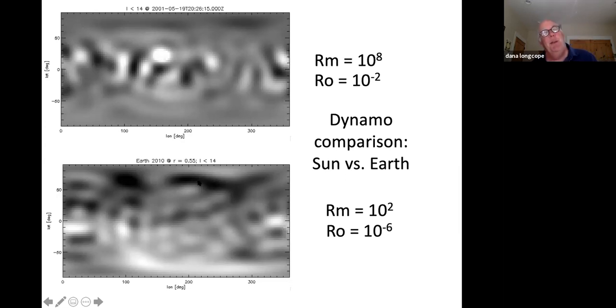Basically, the Earth's magnetic field is actually more difficult to measure, so we had to use spherical harmonics up to level 14, L equals 14. In order to make a fair comparison, I took the sun's magnetic field at the surface and restricted it to L equals 14. You could see differences.